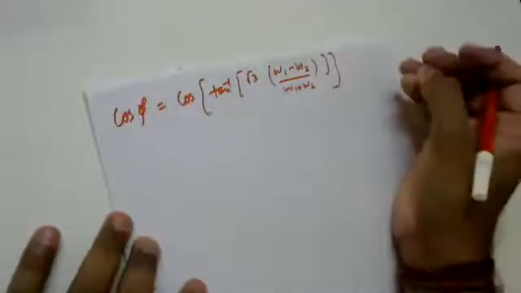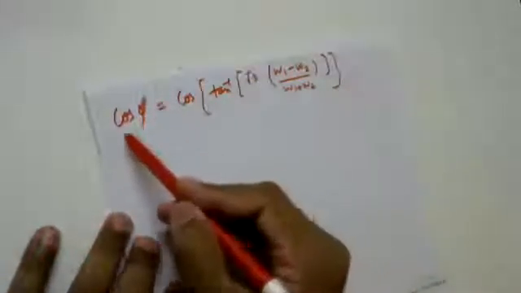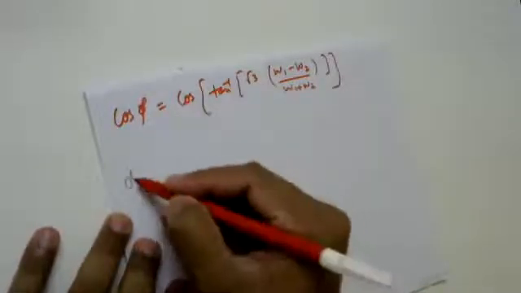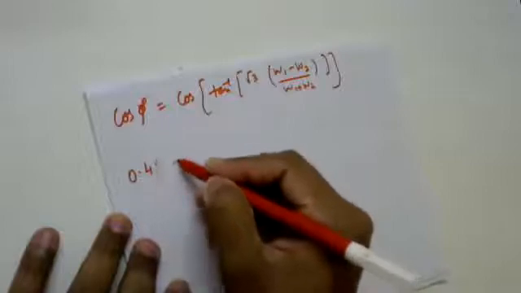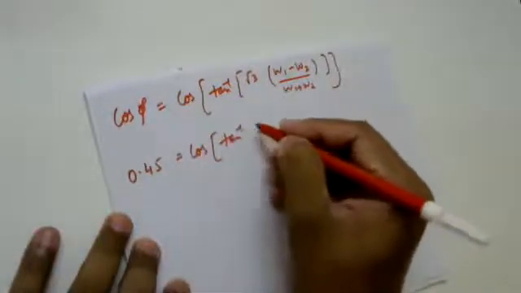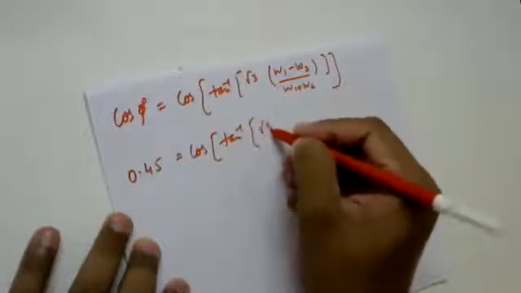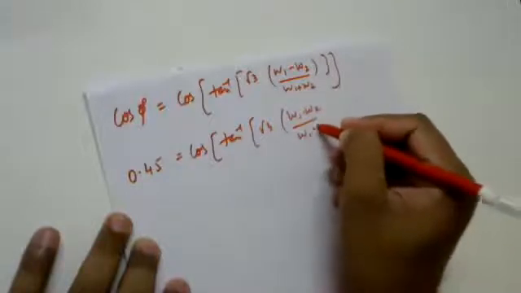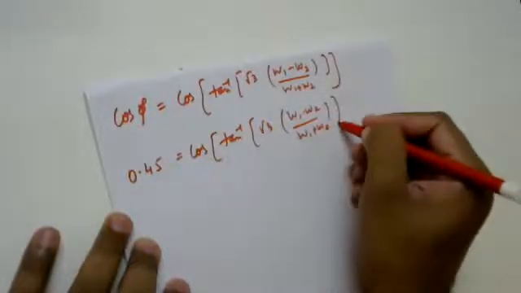Now I know the value of cos phi. 0.45 is equal to cos of tan inverse of root 3 into (W1 minus W2) divided by (W1 plus W2).